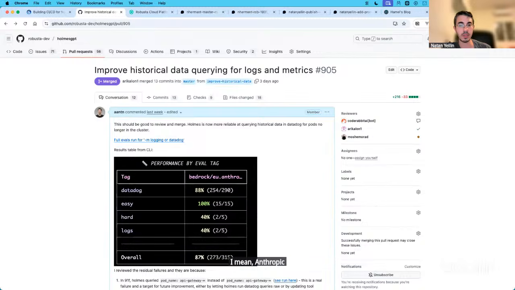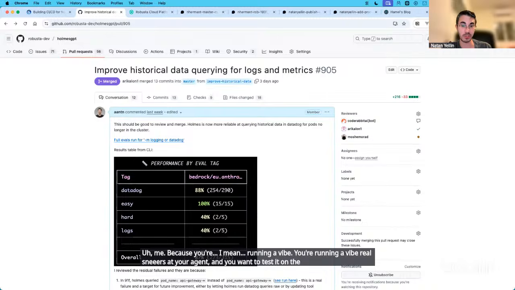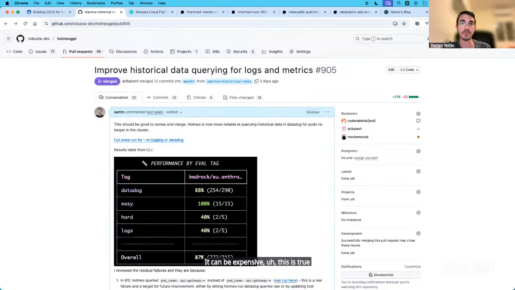Every company that is serious about developing any form of serious AI agent does it. And it can be a non-negligible cost, because you're running live, real scenarios at your agent, and you want to test it on the models that you're deploying to your users, or else you're not really testing what you're deploying. So it can be expensive. This is true.